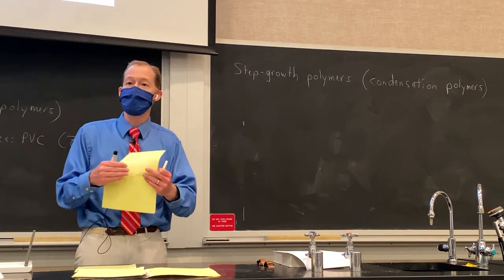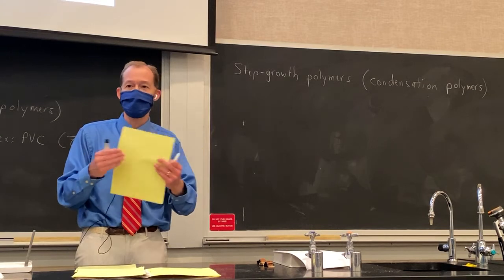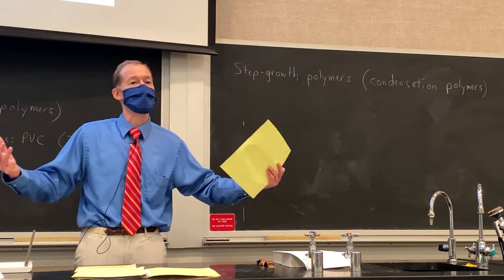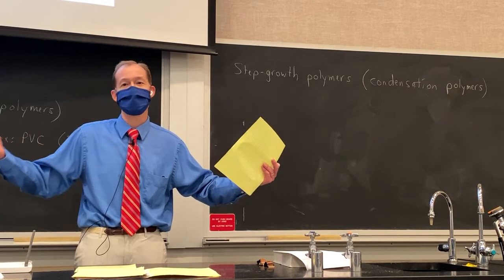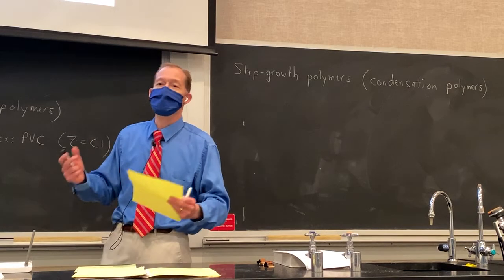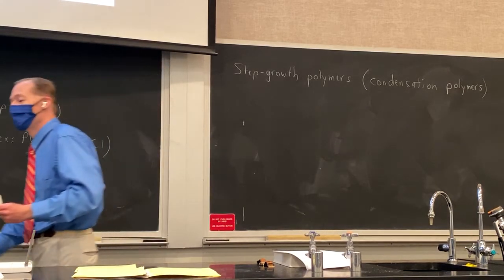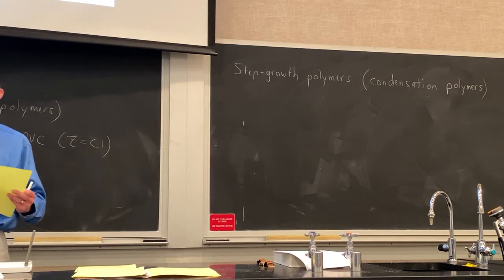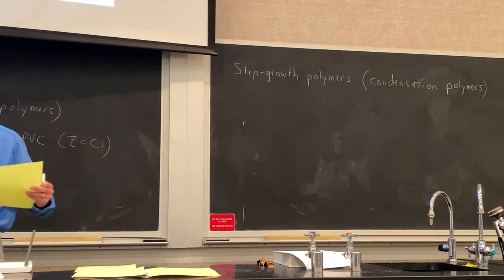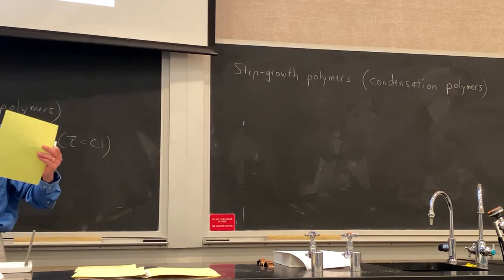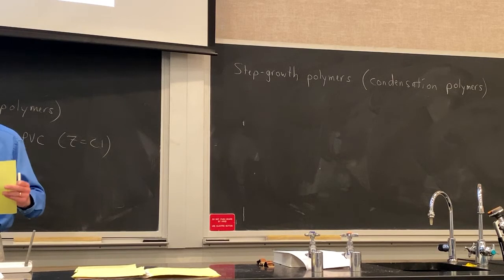And then the dimer that you get from that process, the heterodimer, has a reactive functional group on either end. So that allows it to react further, but in 2 directions as opposed to just 1 direction in a chain growth polymerization. So it's called step growth because the polymer can grow in larger steps than in a chain growth. You can have 2 intermediate sized chains come together to make a large chain.